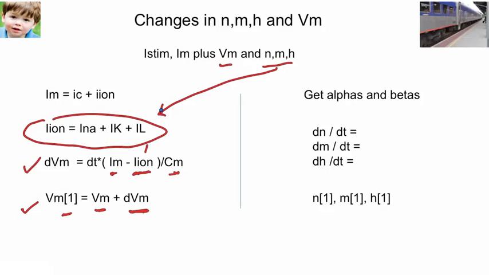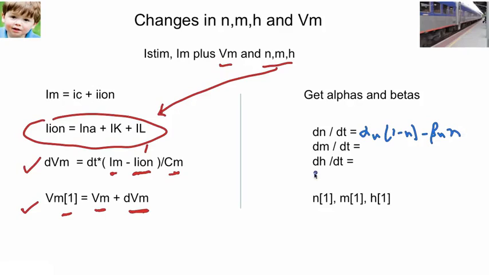Now let's look at where we are as far as getting new values for N, M, and H. We do each one by the same pattern. We will get a value for dn/dt using the process dn/dt equals alpha n times 1 minus n, minus beta n times n.